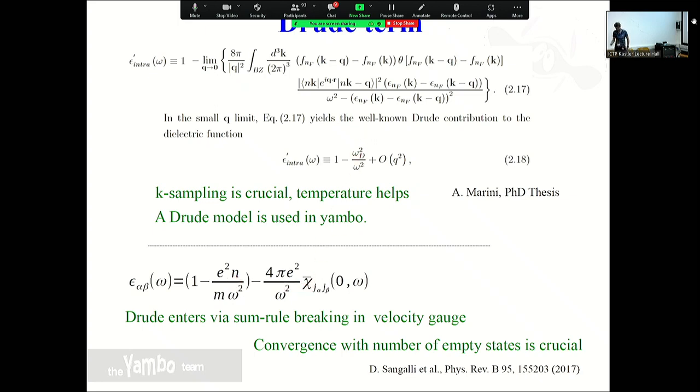And indeed, there is a sum rule to respect that for systems with a gap. For metals, the Drude term enters via a breaking of the sum rule. So it's not anymore a small q transition, it enters in this funny way. And in this case, however, it is super nasty to converge with the number of empty states.